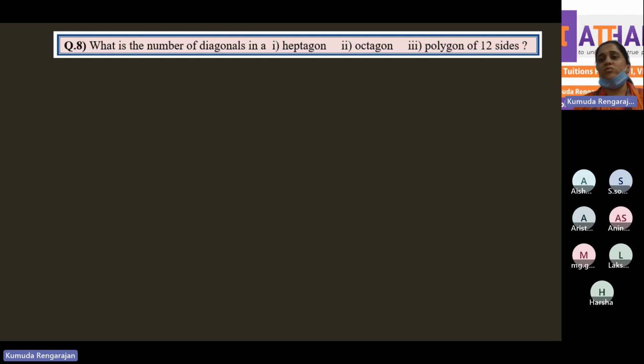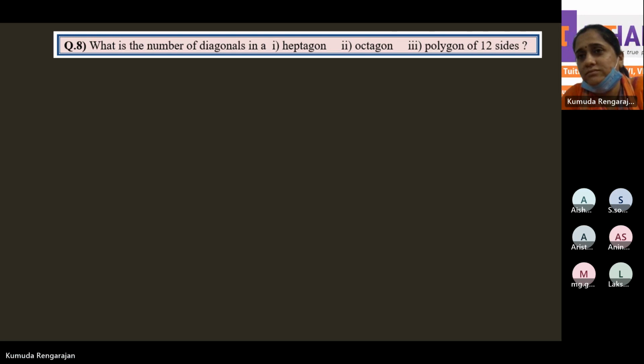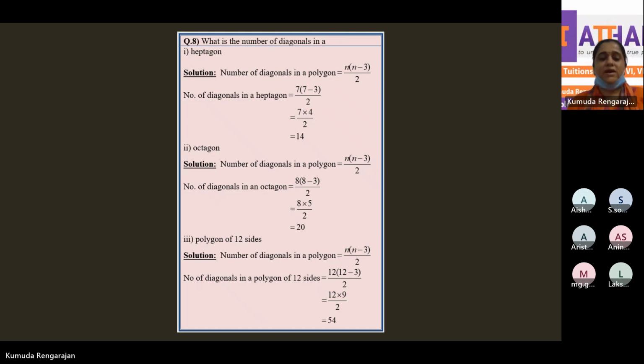Yeah, number of diagonals. What's the formula? What is the formula to find the number of diagonals in a polygon, children? n into n minus 3 by 2.